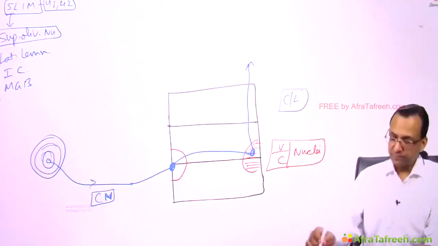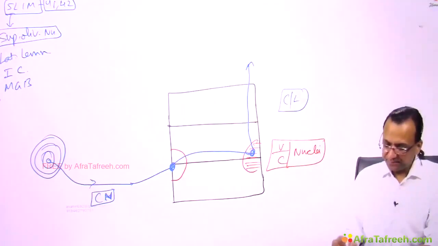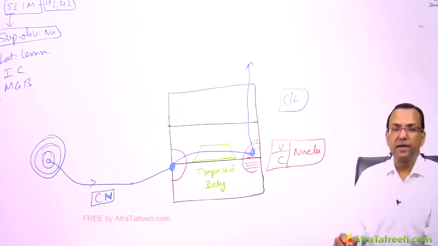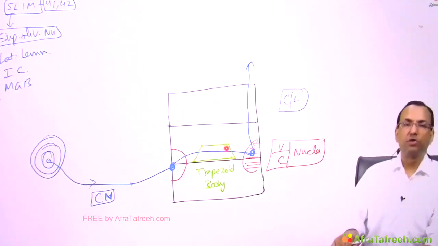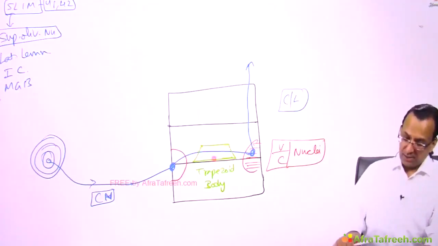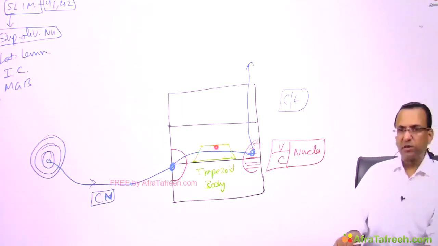Where are they crossing? When they are crossing, there is a body here called the trapezoid body, because it is trapezium shaped. So there is a trapezoid body in the lower medulla. Actually, this is not lower medulla, this is lower pons.